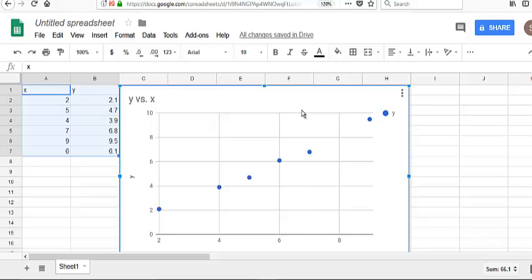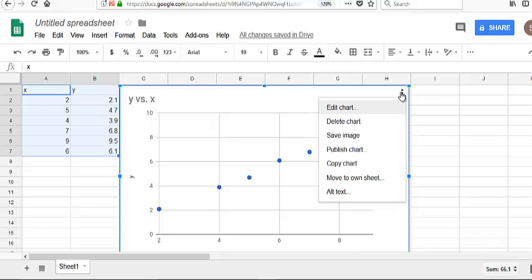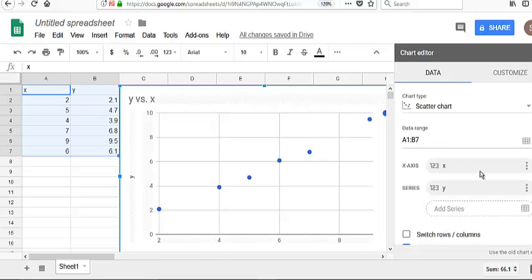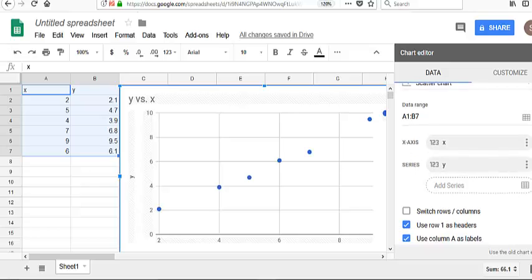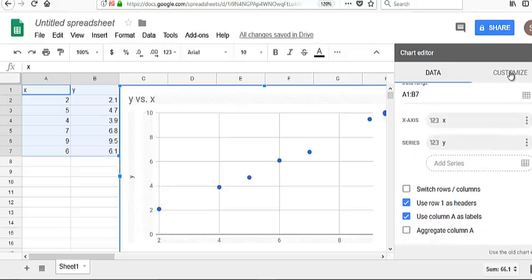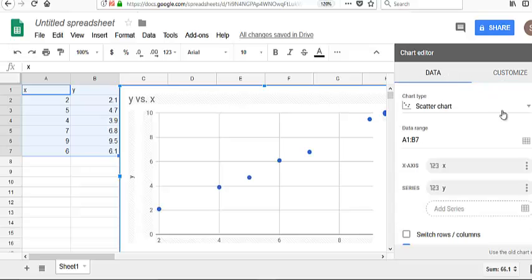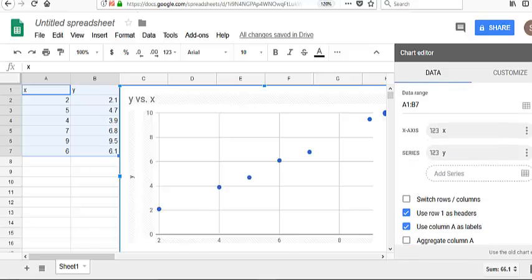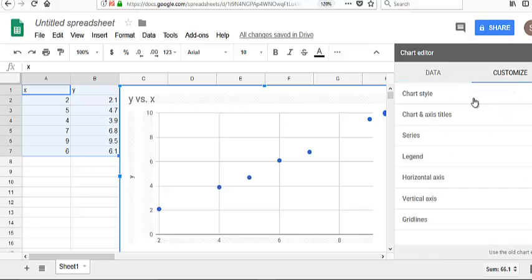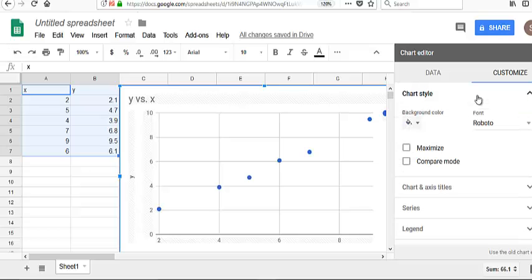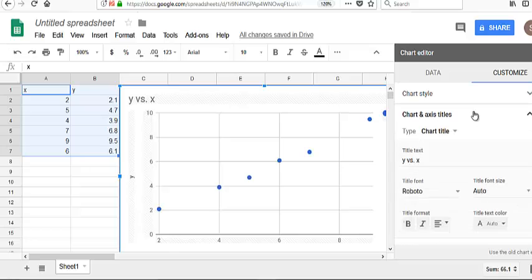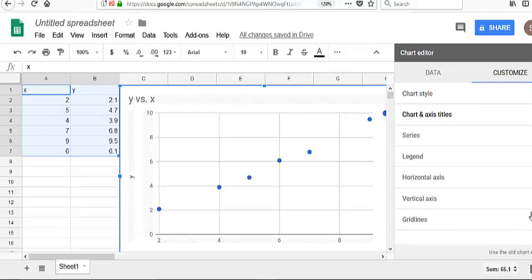So it's not that hard. We could have done it immediately, but we're going to now go back and edit the chart. And if we scroll down somewhere here, customize. Let me see if I can find where it is. Legend, horizontal guidelines.